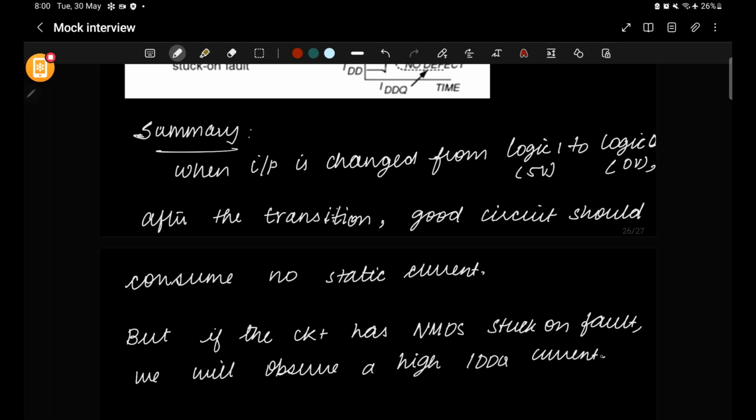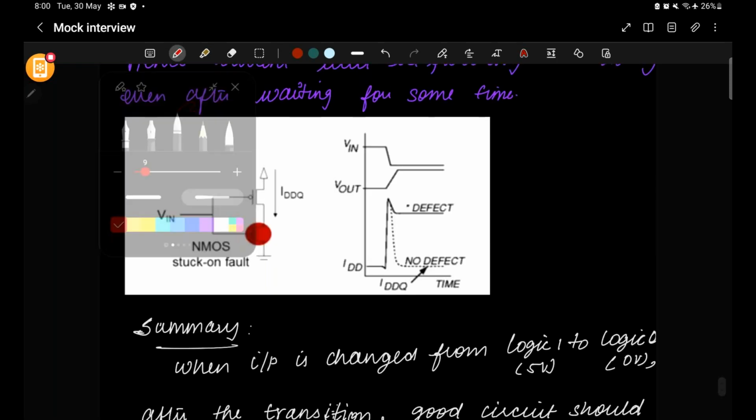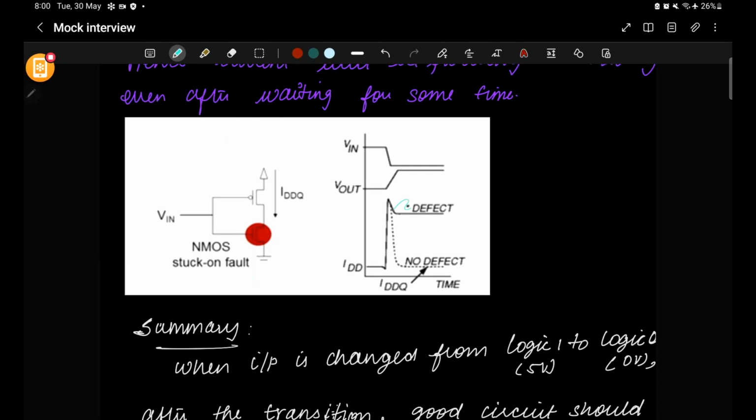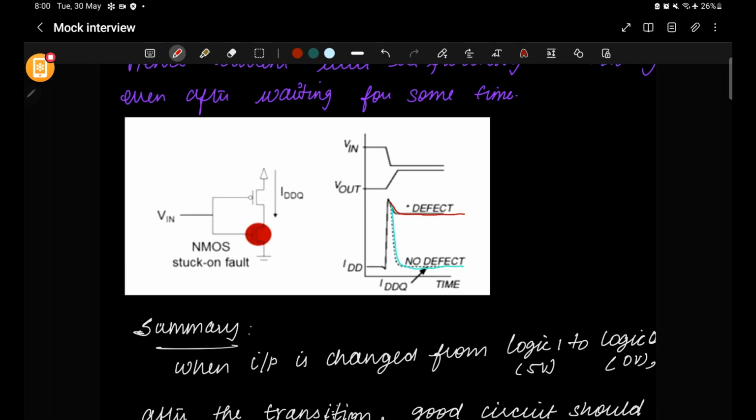If there is no defect, then during the transition, when Vin was equal to VDD by 2, current will be there. But afterwards, current will settle when Vin reaches 0 volt. But if you have a stuck on fault, then even after Vin reaches 0 volt, current will still be flowing. So this is the summary, and this is how stuck on faults can be detected.